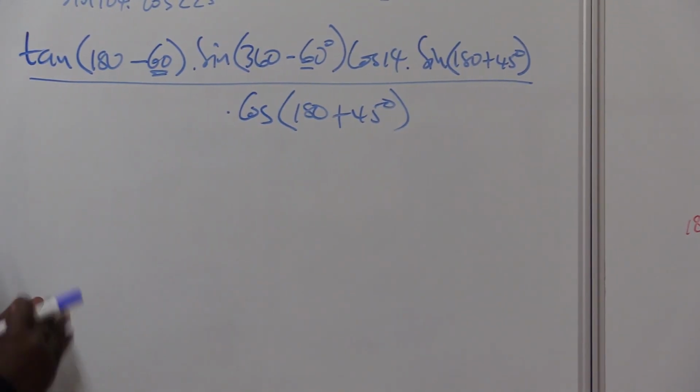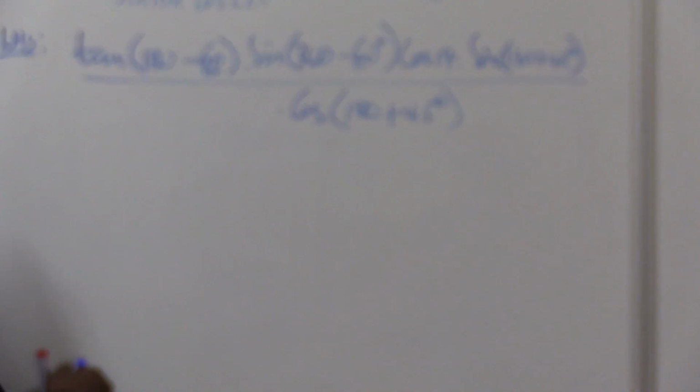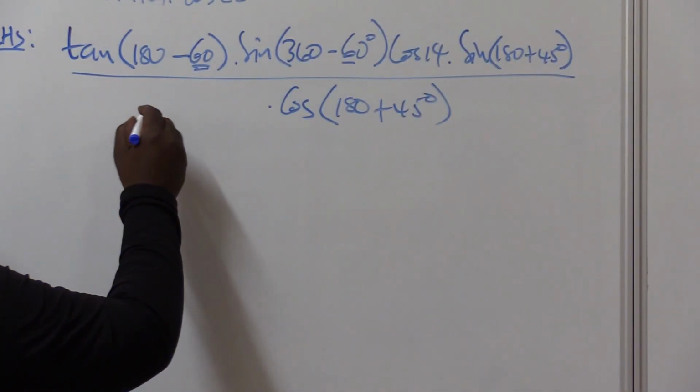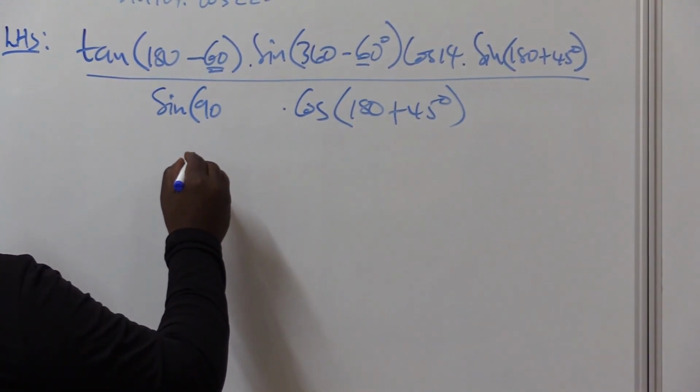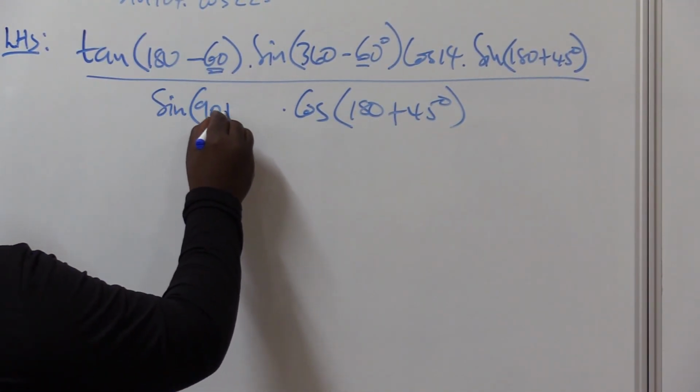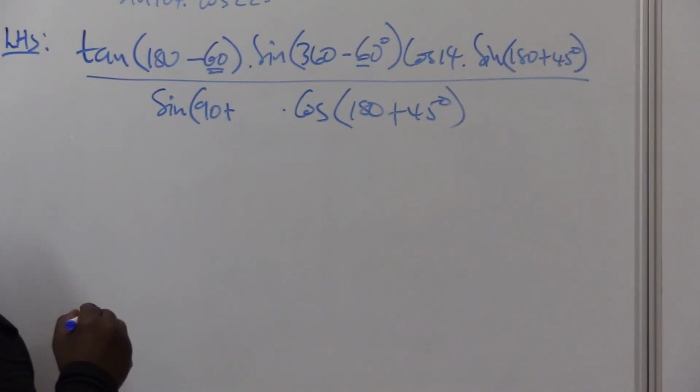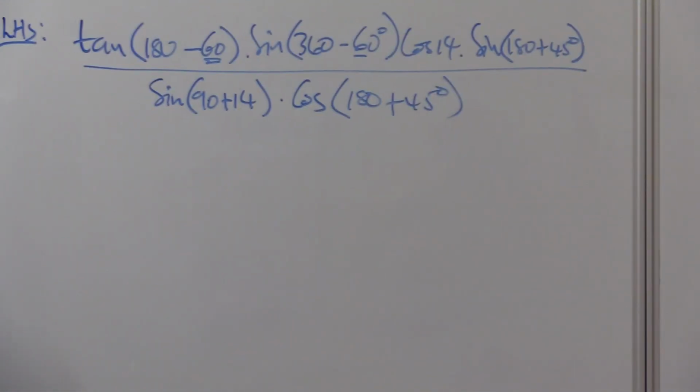How do I change sine into cos? I've got to introduce 90 degrees. So that's my starting point. This is the same as sine of 90 plus what to get 104? 90 plus 14. There comes my 14 now. I can see how it's going to go away. Remember, at the end of the day, we want to get 3 over 2.